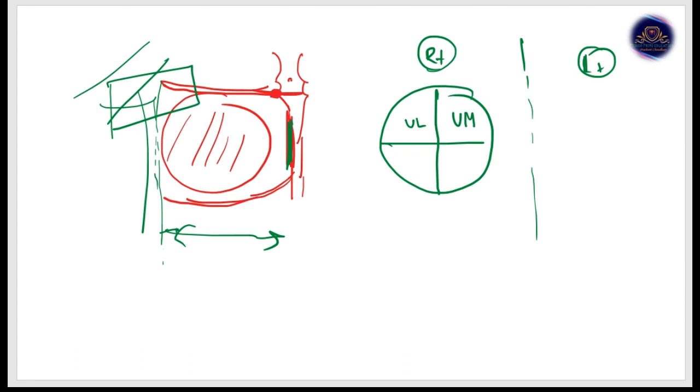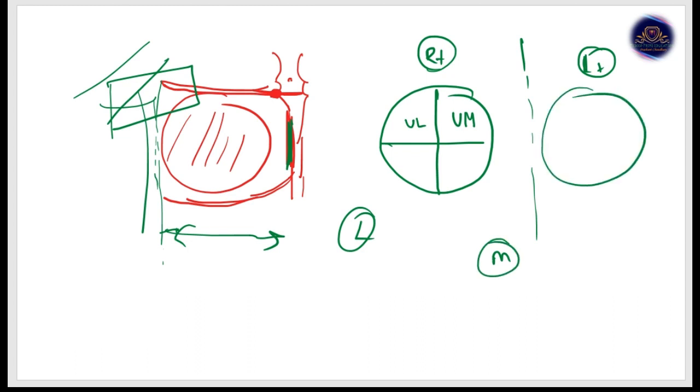This is the medial side and this is the lateral side. Same here on the other mammary gland. So we have upper medial, upper lateral, lower lateral and lower medial. This is all about the extent and the divisions.